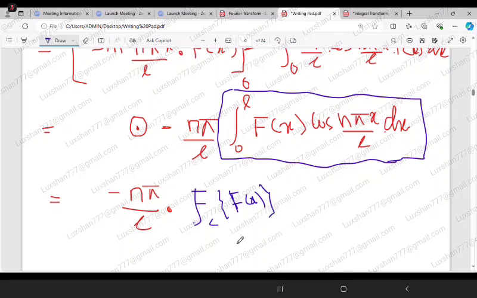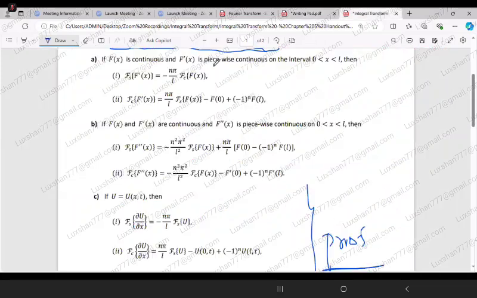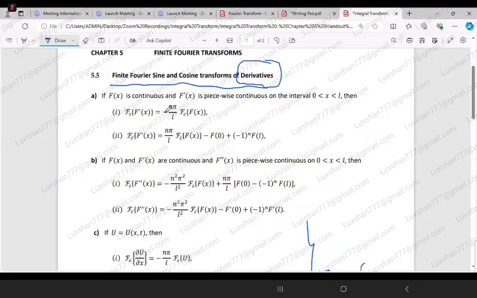You can write it in this way, or you can write it as minus n pi L into capital F bar C n. So that is why the first one, look at here, minus n pi over L Fc fx.